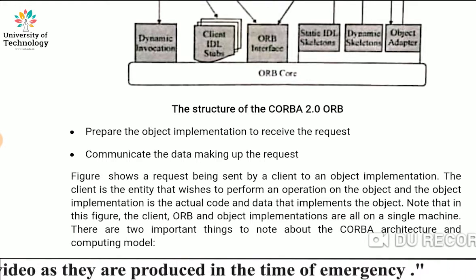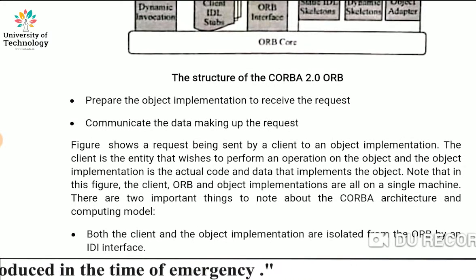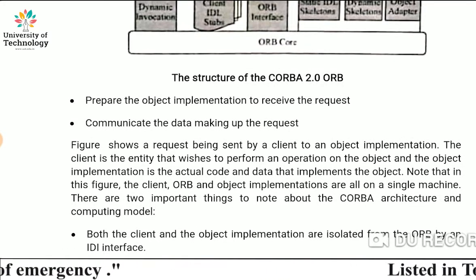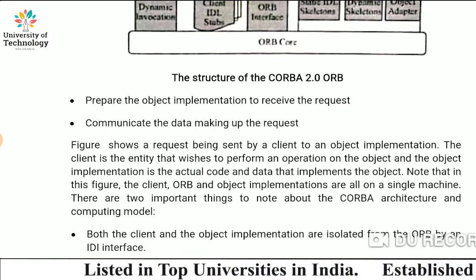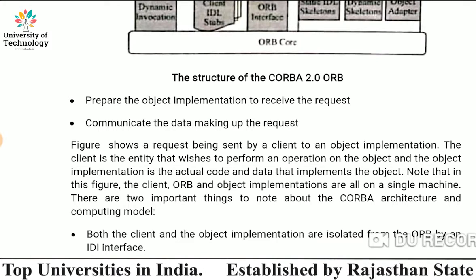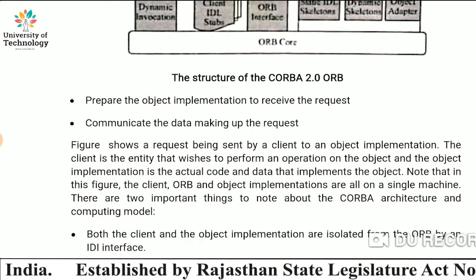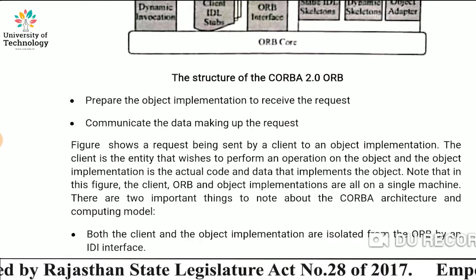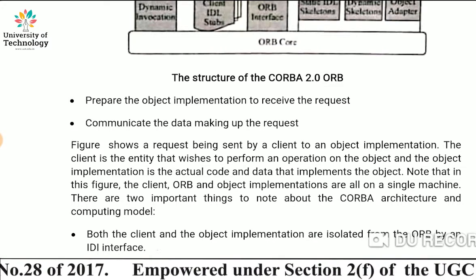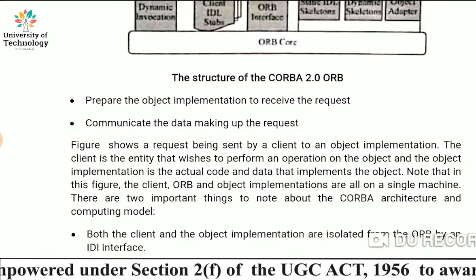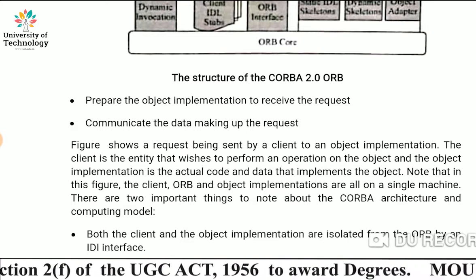So the figure shows a request being sent by a client to an object implementation. The client is the entity that wishes to perform an operation on the object, and the object implementation is the actual code and data that implements the object. Note that in this figure, the client, ORB, and object implementation are all on a single machine.